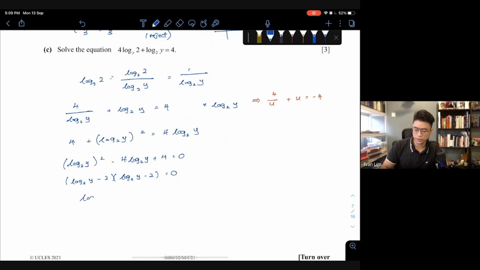Where you get log 2y equals 2. We change from log to indices form, y equals 2 squared, which equals 4. You can solve the entire equation with log base y also. It's totally fine. Your final answer should be the same.